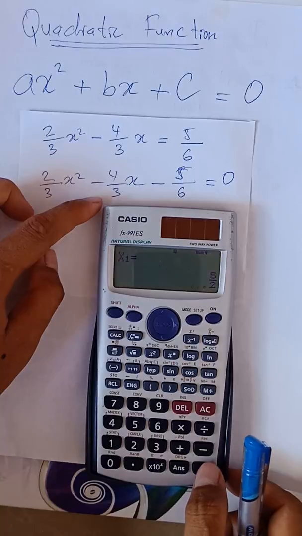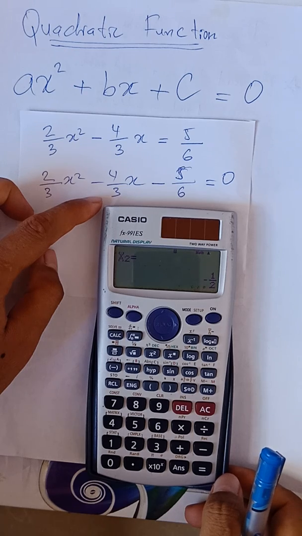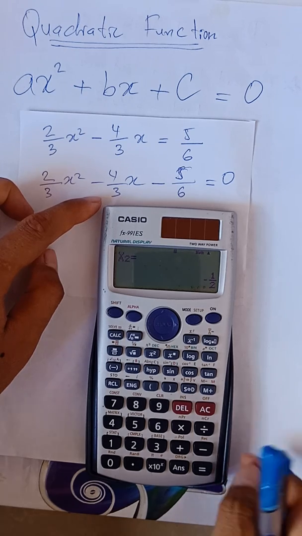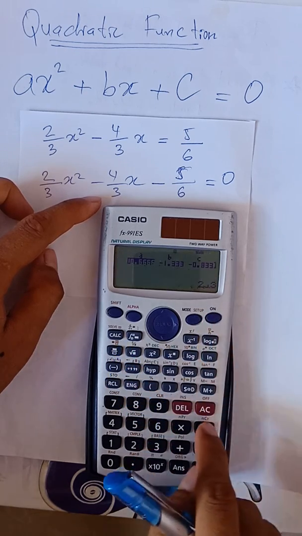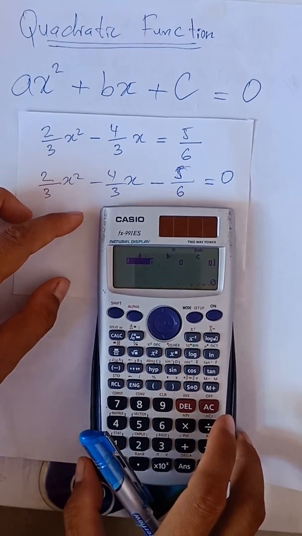That's your first answer, 5 over 2. Equal again to get the second answer, negative 1 over 2. Press on, press AC, and that will lead you to the default function.